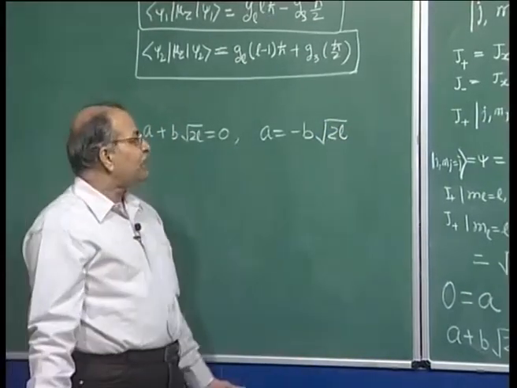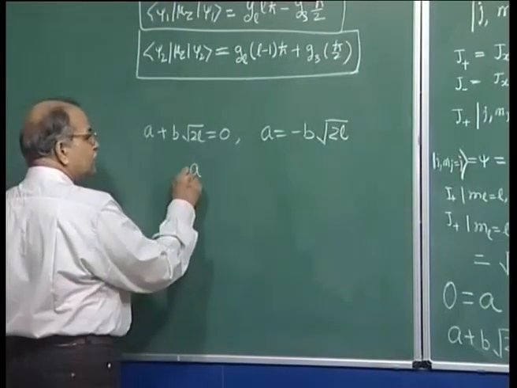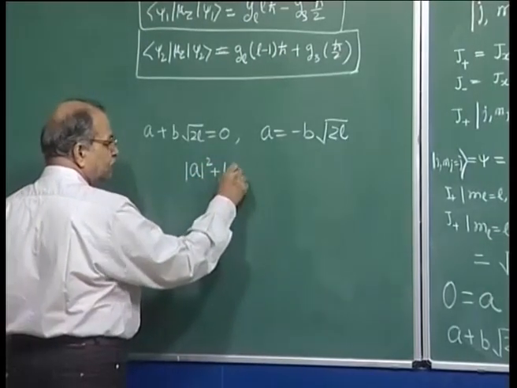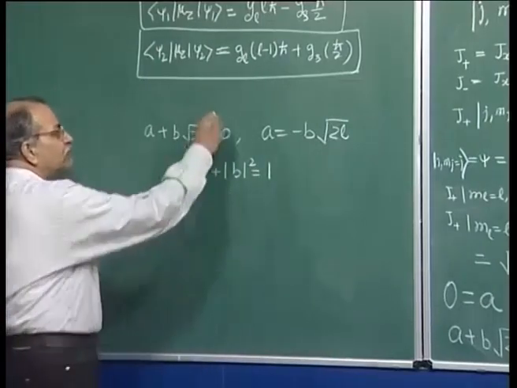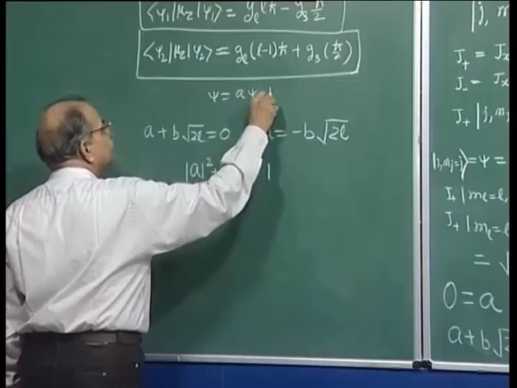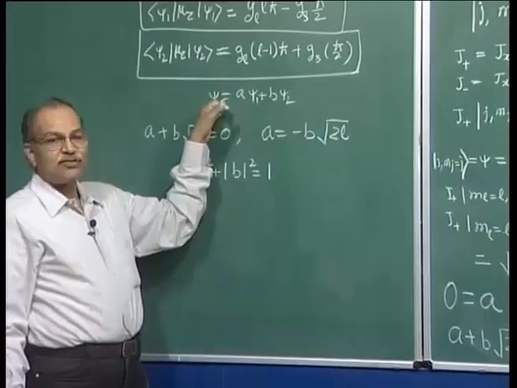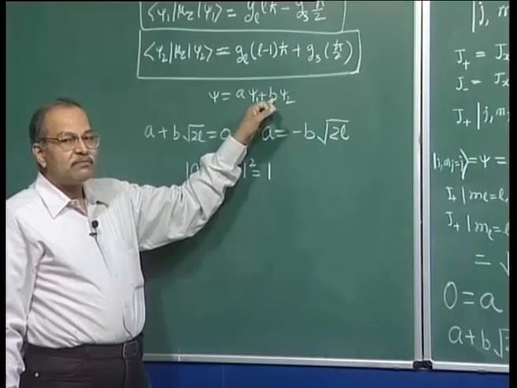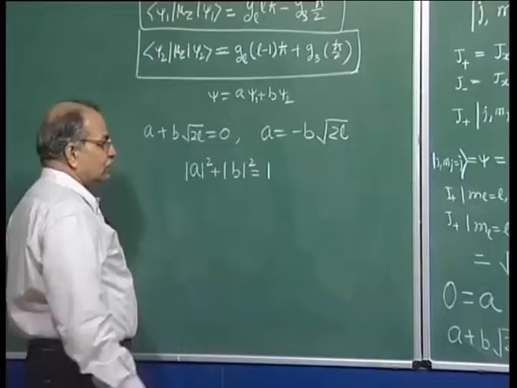Another equation in a and b is very simple. Mod a square plus mod b square should be equal to 1, because the wave function you had written as a psi 1 plus b psi 2. So, if psi 1 is normalized, psi 2 is normalized, psi is normalized, then mod a square plus mod b square should be equal to 1. So, you have these two equations, right.